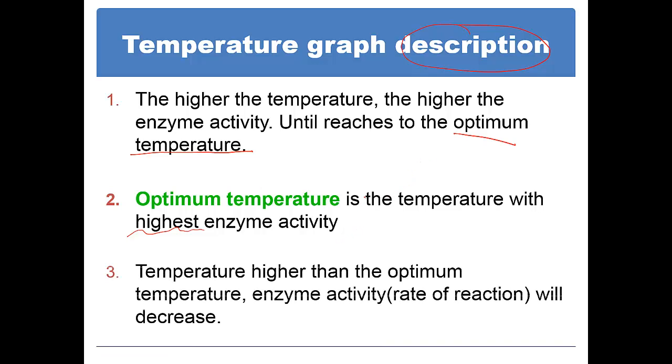The last one, of course, you can see in the graph is going slower and slower at last, which means that when you try to describe it, you have to say when the temperature goes higher than the optimum temperature, then the activity would decrease. Or you may say the rate of reaction is slower. So that's the description of the graph itself, but this is not the explanation, right?